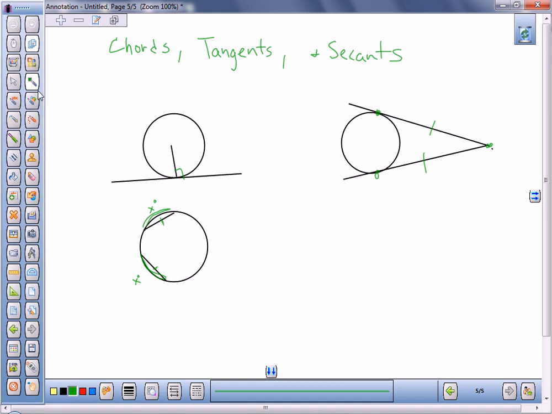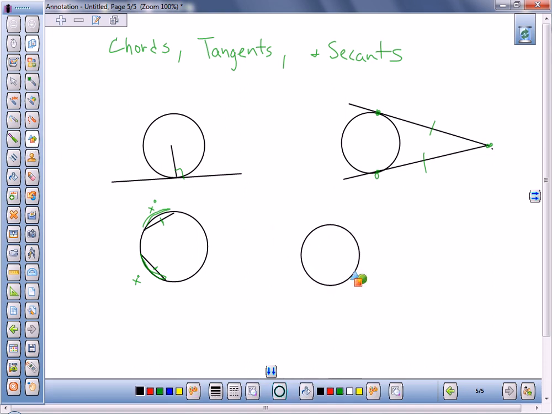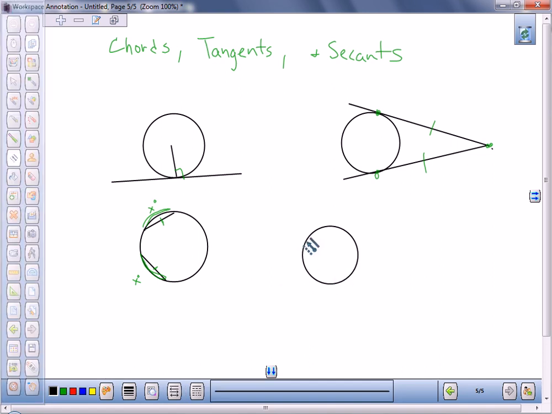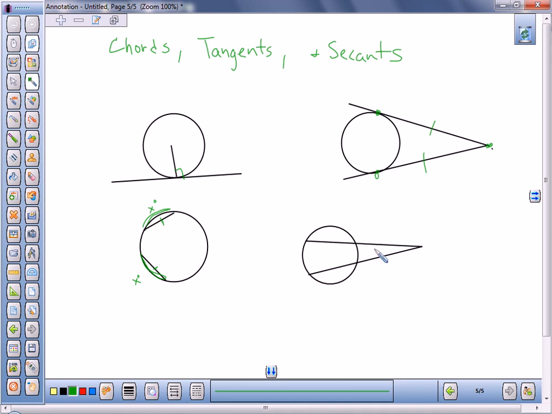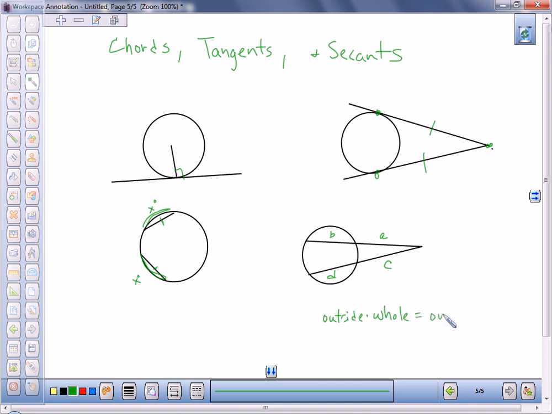All right, now let's do our other lengths. If we have two secants, what do I know about the portion outside times the whole is equal to the outside times the whole, right?